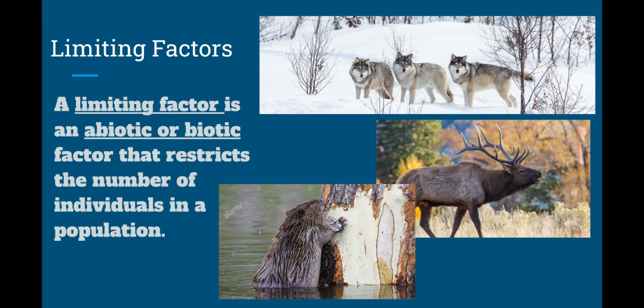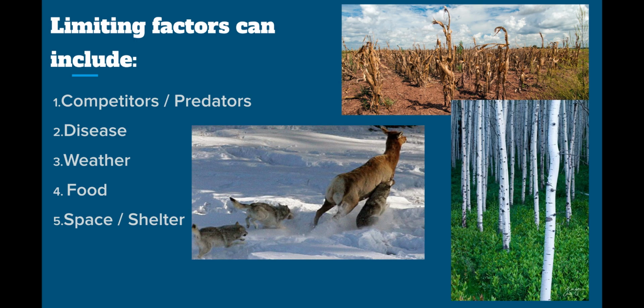And that's all because of this thing called limiting factors. Limiting factors are either abiotic or biotic things that restrict the number of individuals in a population. So whether this is the amount of space or the amount of food, or maybe some of the weather conditions, or maybe there's disease that rolls through, or some other competitors that compete for food, or maybe there are predators for that specific species, for these mice, that are just there to limit the population.